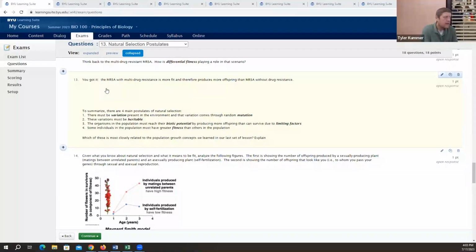Next, we must have a population that has the ability to reach their biotic potential. Essentially, they have to be able to reproduce exponentially. They have to get to a point where that carrying capacity comes into play, where that carrying capacity starts to matter.